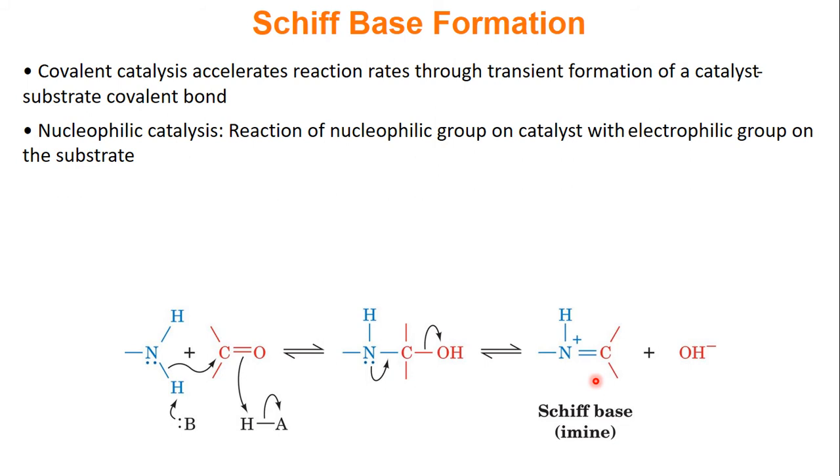And you'll see a lot of times throughout biochemistry the formation of these Schiff bases, and a lot of the times maybe the nitrogen here would actually be part of your enzyme, and you're forming a covalent bond between the nitrogen and the carbon of your substrate.